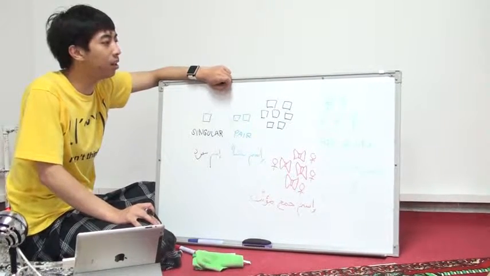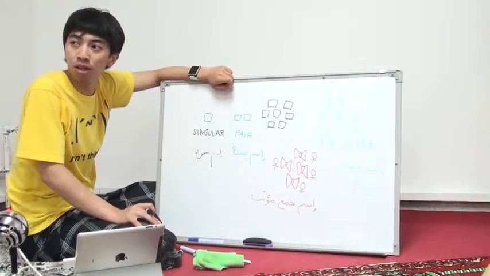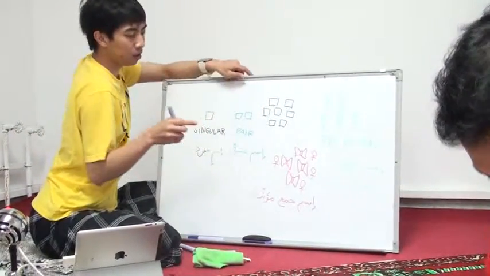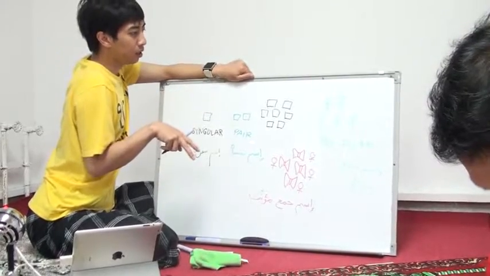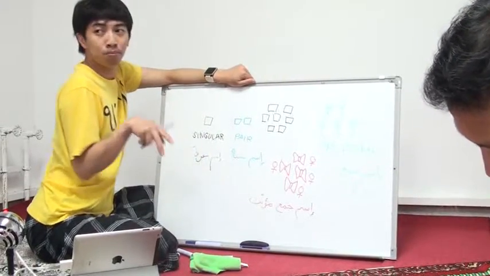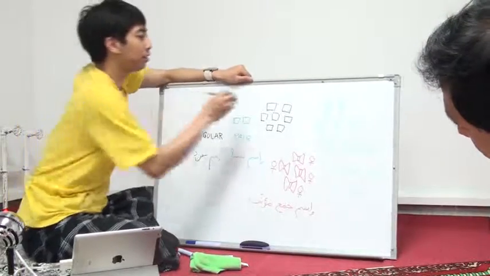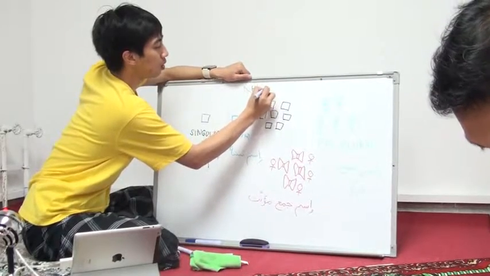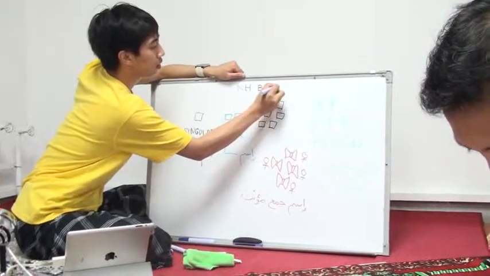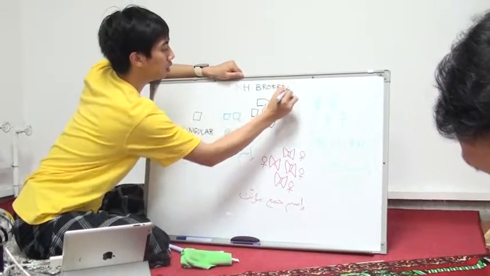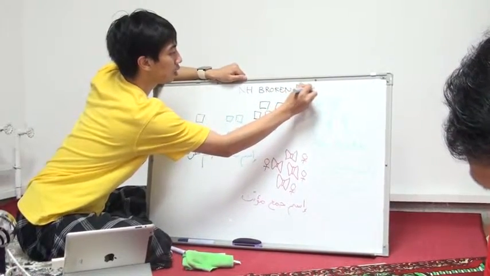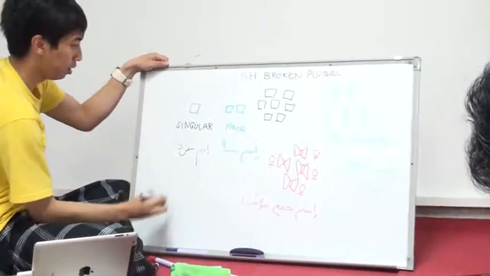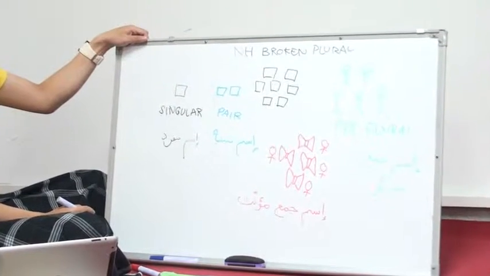In English, we may call it broken plural, but here we will differentiate the broken plural into two parts: the non-human broken plural and the human broken plural.